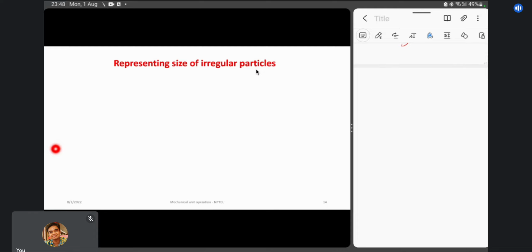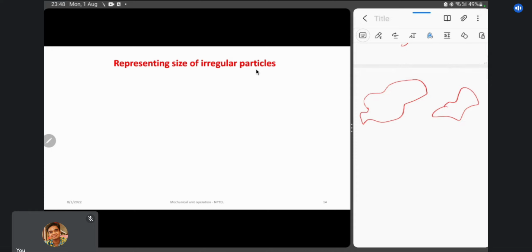Now, representing the size of irregular particles. How can we represent an irregular particle in some form? As we discussed, any irregular particle is there.